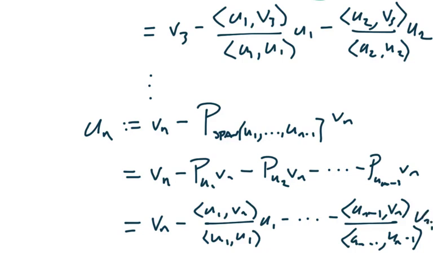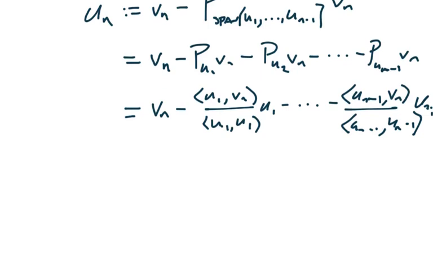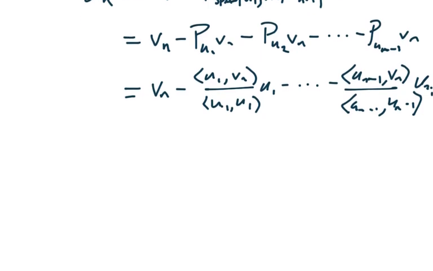I apologize I ran out of space there, but hopefully you have the idea. And this is going to be your orthogonal set. All right, so some notes about this.